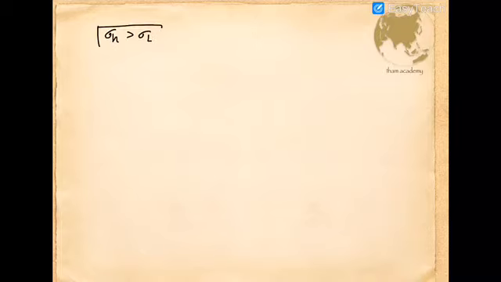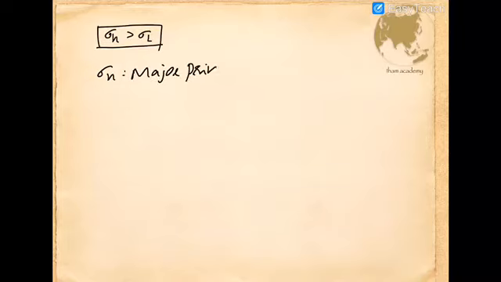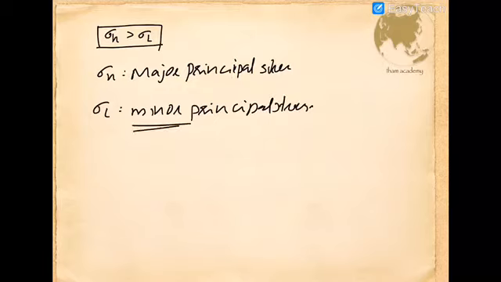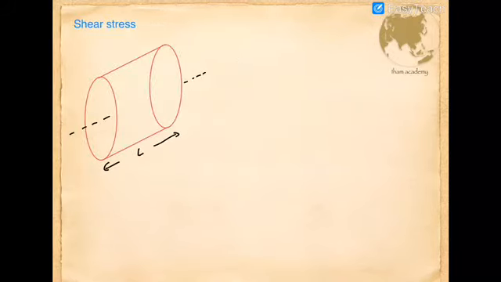Since sigma H value is greater than sigma L value, we can say sigma H is the major principal stress, and sigma L is going to be the minor principal stress value. Okay, you have to keep in mind.